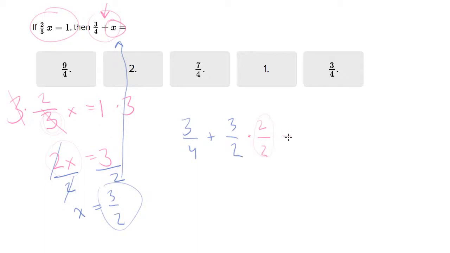What that's going to do is change the denominator of that fraction. So you end up with 3/4 plus 3 times 2 is 6, 2 times 2 is 4, so 6/4. That sums to 3 plus 6 is 9, so that's 9/4. And that's your answer, which is the first answer choice.